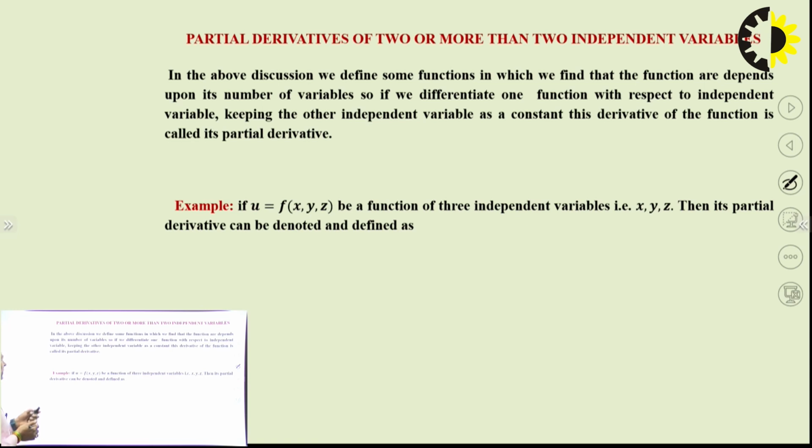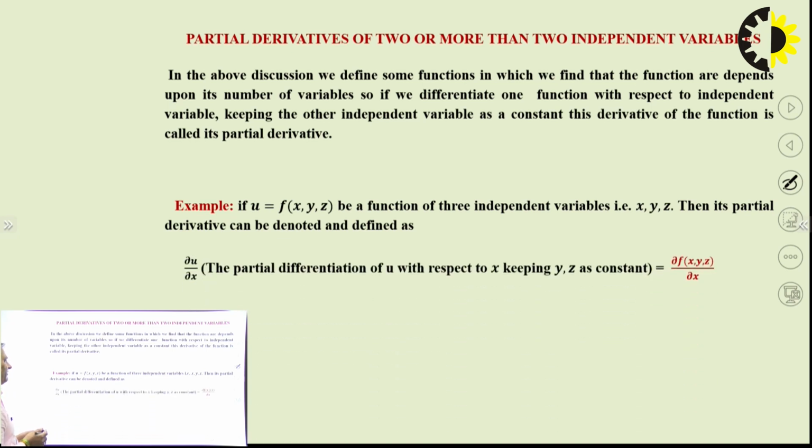Listen up. If u is a function of x, y, z with three independent variables, then its partial derivative, this time I have taken a function based on three independent variables. So we can take the differentiation of any function with respect to a single variable, then it is called ordinary.